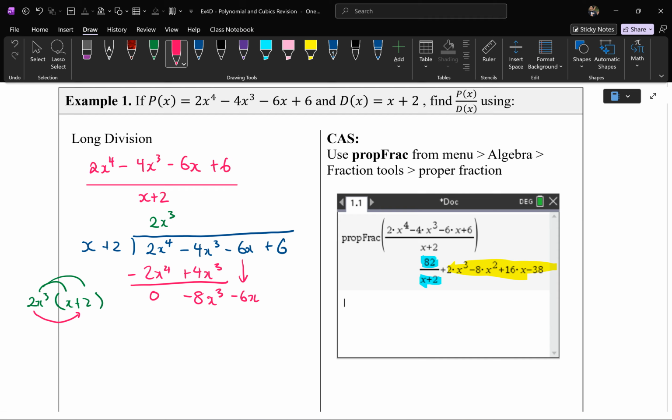So before, Jacob said take the first term and divide it by the first term of the divisor. What we're going to do now is take the first term here, negative 8x cubed, and divide it by x. Same thing again. How many of these x plus 2's fit into negative 8x cubed? Or what do you do to get the next line?